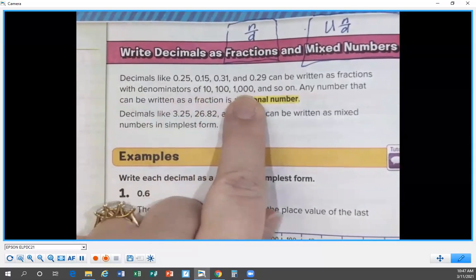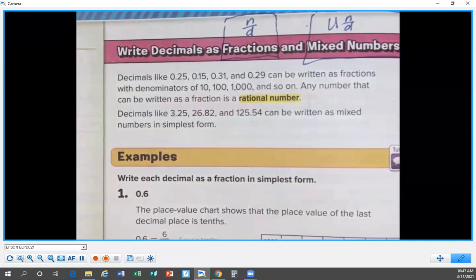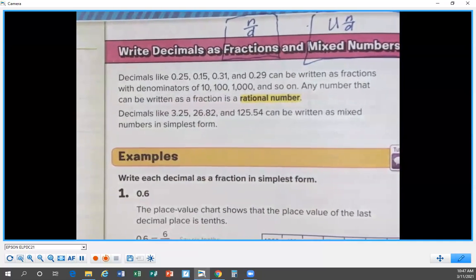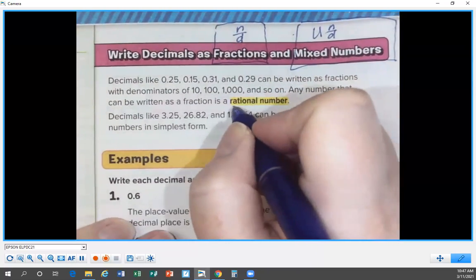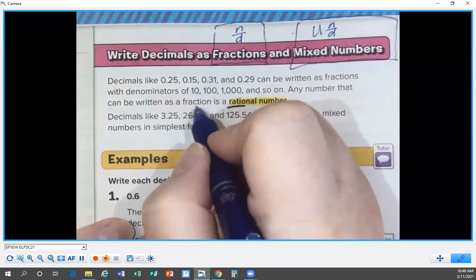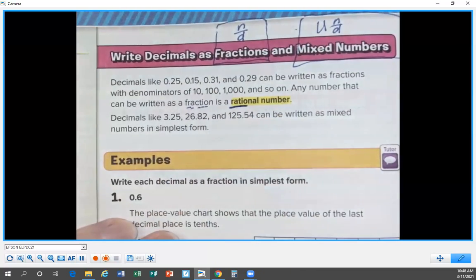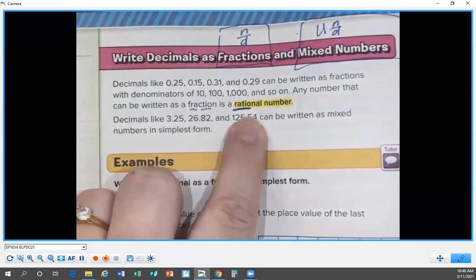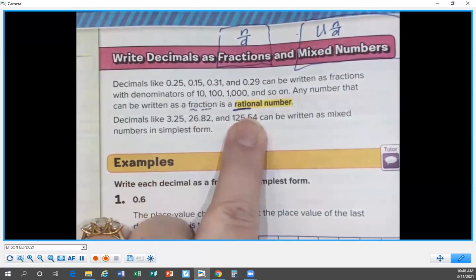10, 100, 1000, and so on. Any number that can be written as a fraction is called a rational number. We just finished our whole chapter on ratios, and I want you to notice we see the word ratio right in the word rational, R-A-T-I-O. We also see it in fraction, because they all have the same root word, since they're all very similar. A ratio is a comparison of 2 numbers, okay?